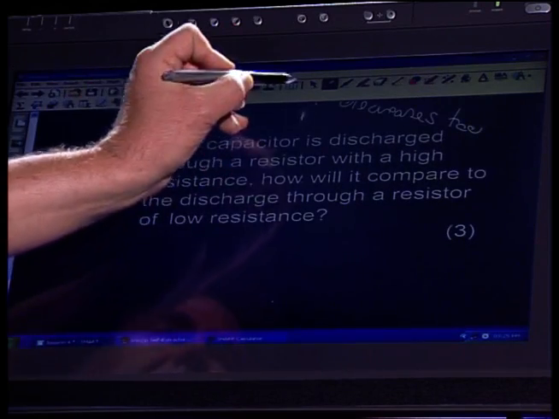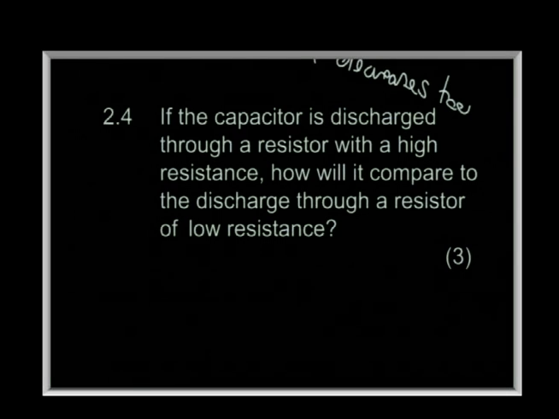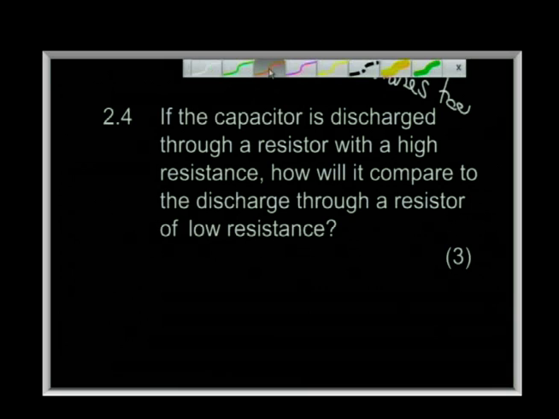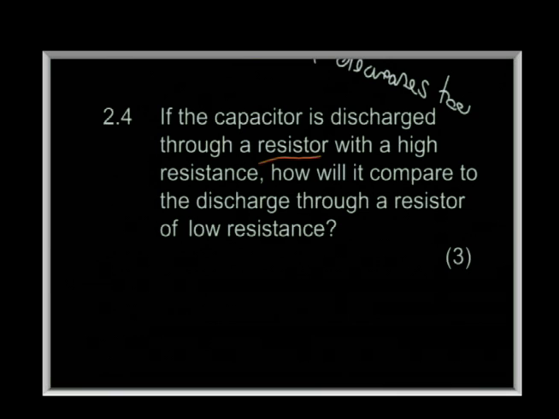If the capacitor is discharged, here's one for you to really think about. The capacitor is discharged through a resistor with a high resistance. How will it compare to the discharge through a resistor of lower resistance? Now, this is really quite critical for us to understand. High resistance, low resistance. We recognize it's all related to Ohm's law. Have a look here.